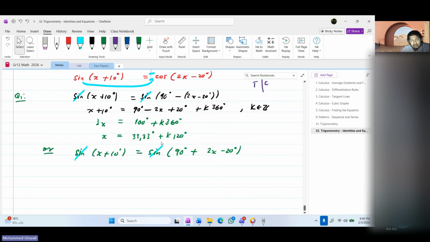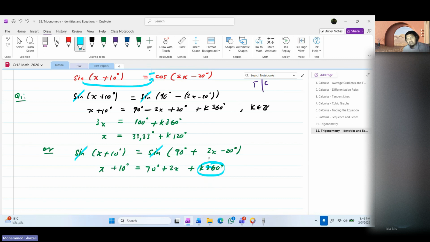Now you're changing the cos into a sine. Before, I changed the sine into a cos. Same concept. Just use vertical reduction. Use the vertical line to reduce. So this is 90 minus 20 is 70 degrees plus 2x plus k 360. Always add the k 360 after you drop, and always add it to the right hand side.